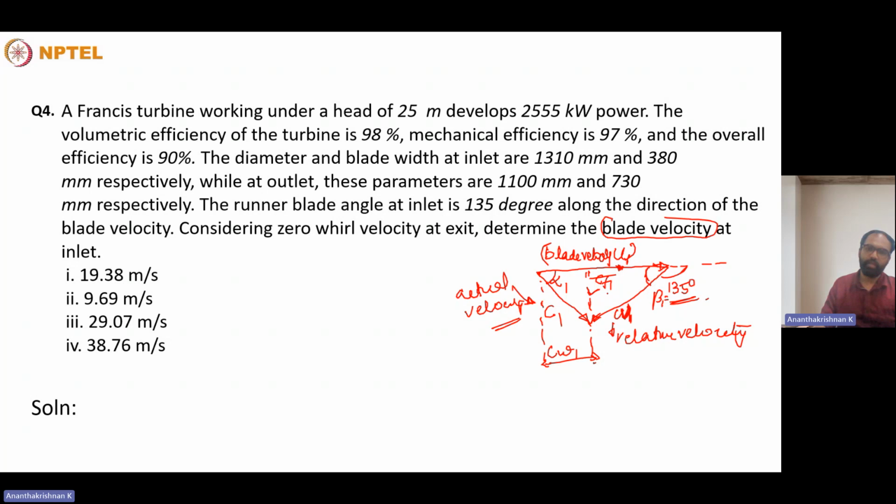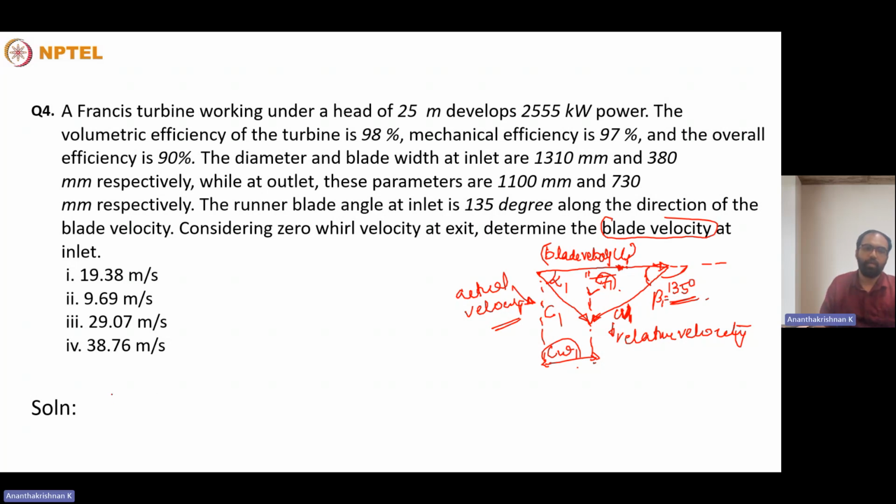But for that, we need to determine the flow velocity term and the whirl velocity term of the actual velocity. And using this angle of 45 degrees and the tan of these two, we can determine the blade velocity. So first of all, from this particular problem, we need to determine the flow velocity component of the actual velocity and the peripheral and the whirl component, or the tangential component, of the actual velocity at the inlet.